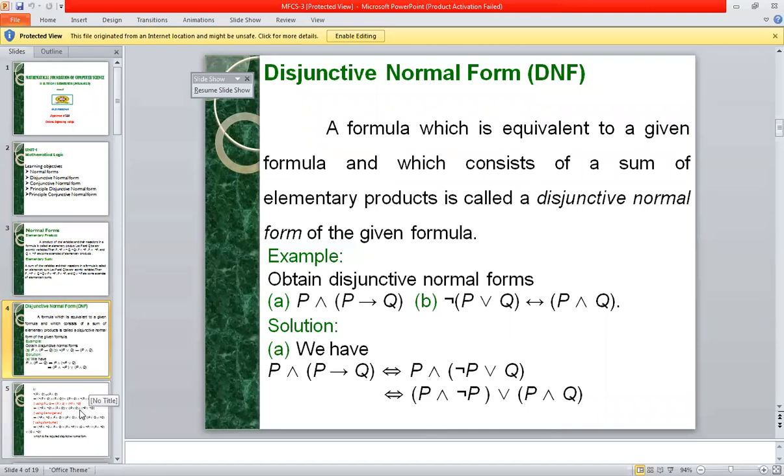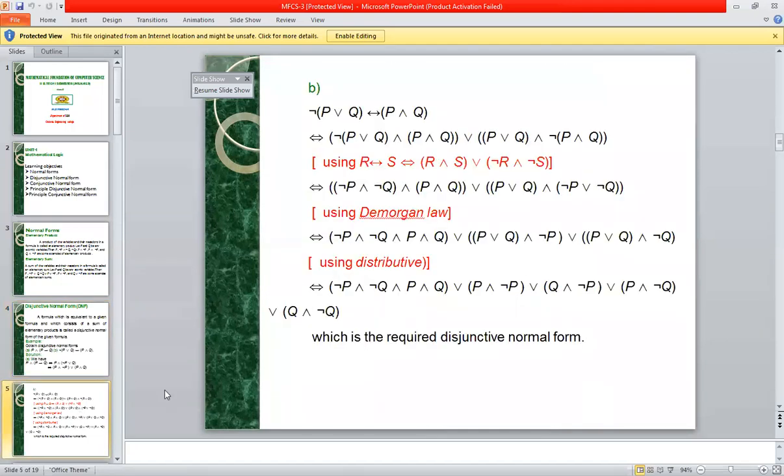Next, the second statement formula: negation (P or Q) biconditional (P and Q).